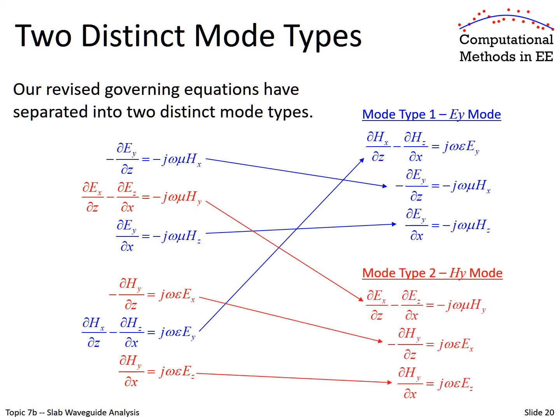Then if we group all the red equations together, we'll call that the HY mode. And really, to know everything about the slab waveguide, we have to simulate both of these, and they lead to slightly different codes. But because of how we've learned the finite difference method, implementing one and then modifying your code to implement the other is essentially trivial.